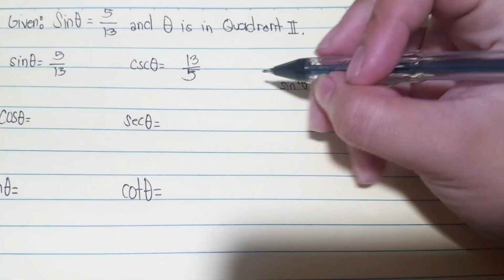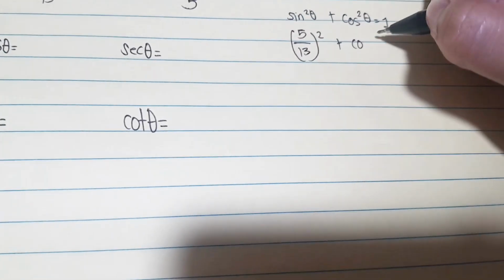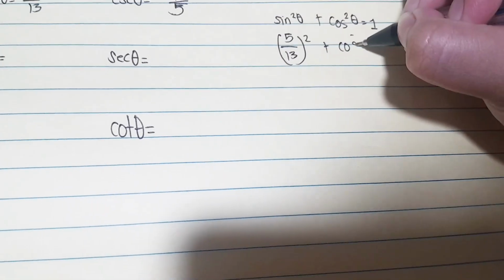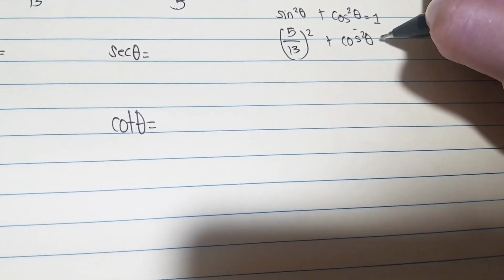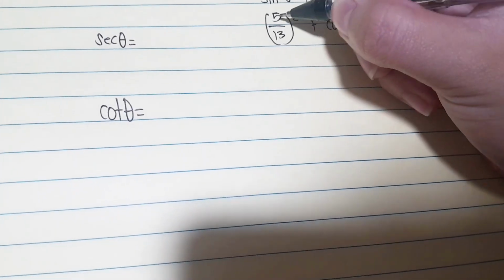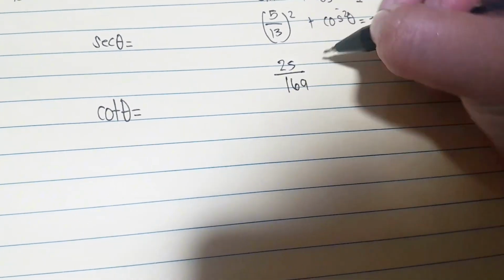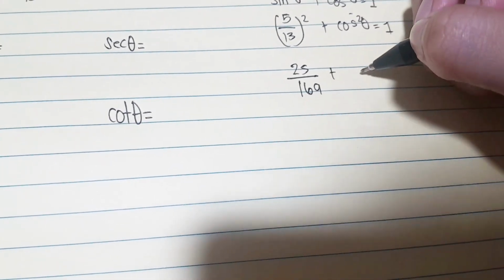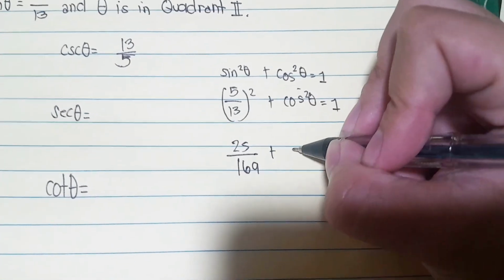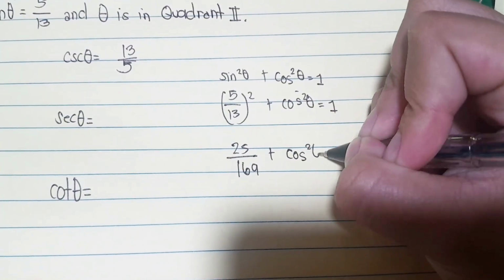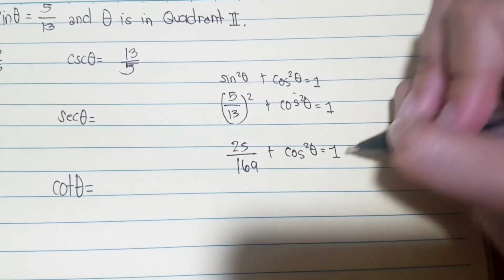Since given nga yung sine, i-substitute lang natin 5 over 13 squared plus cos squared theta is equals to 1. And 5 squared is equals to 25. Then 13 squared is 169. Plus, yung cos natin, cos squared theta is equals to 1.